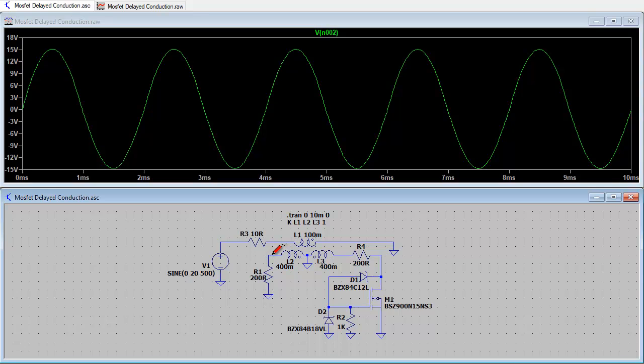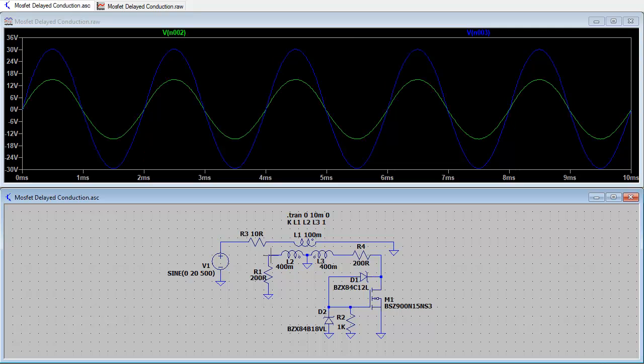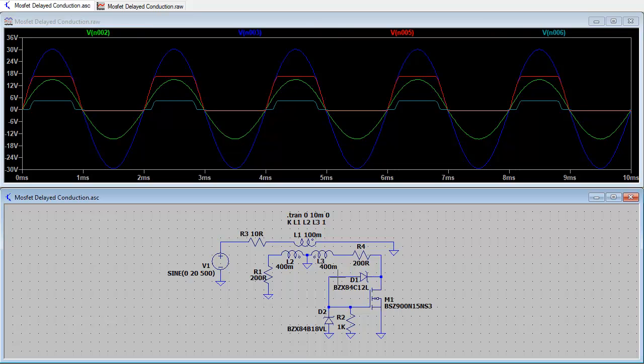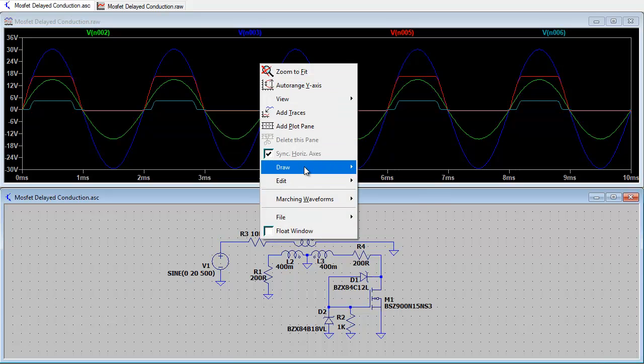This trace over here second, that's the blue trace. This trace over here third, red trace. And this trace over here fourth. Now you can see a definite delay. L3 has a delay in conduction, and I will try and draw a line as accurate as I can.